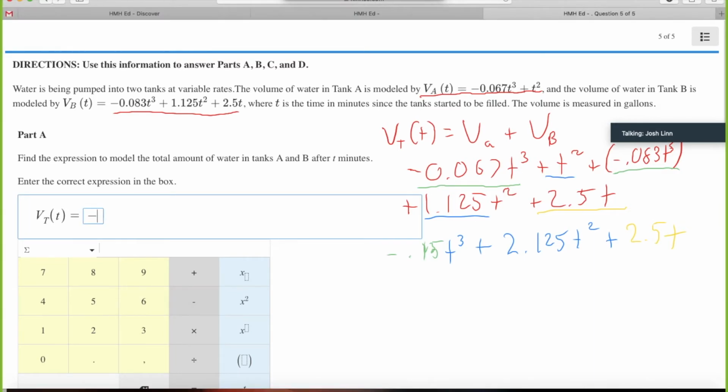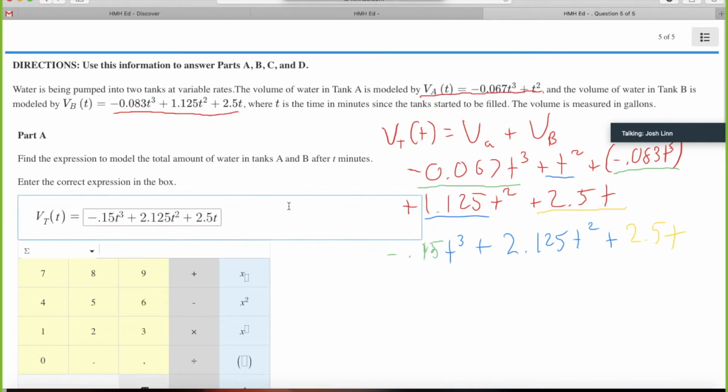So we're going to enter that in: negative 0.15 T to the power of 3 plus 2.125 T squared plus 2.5 T.